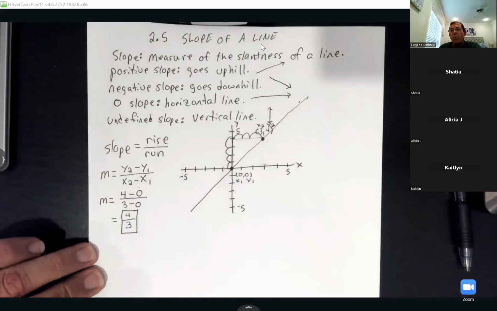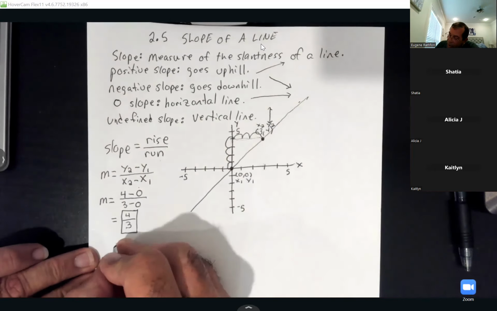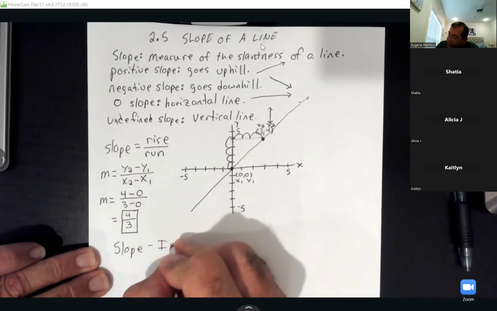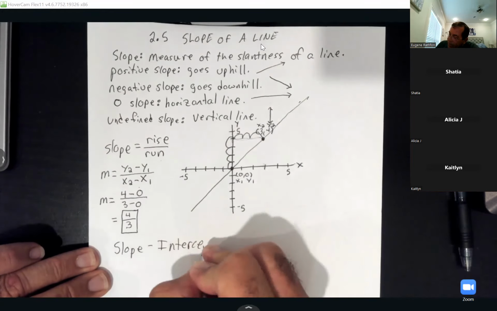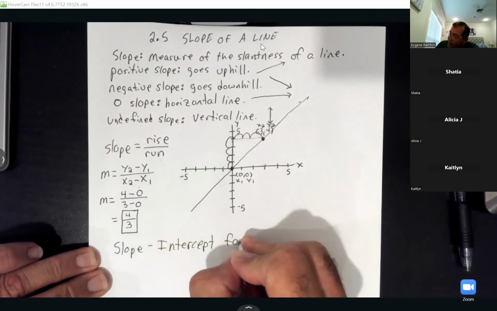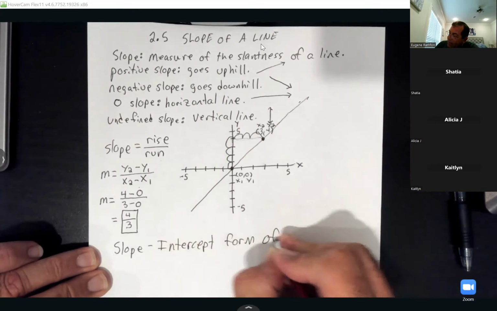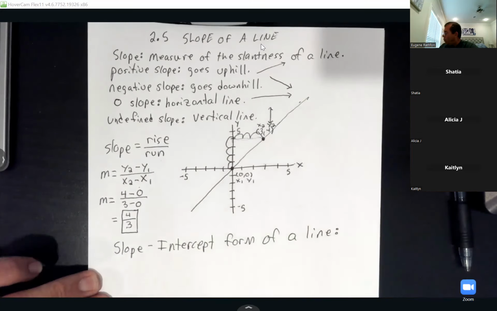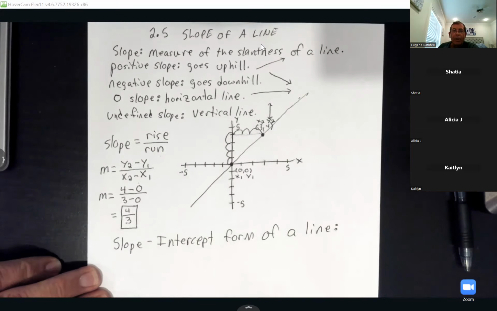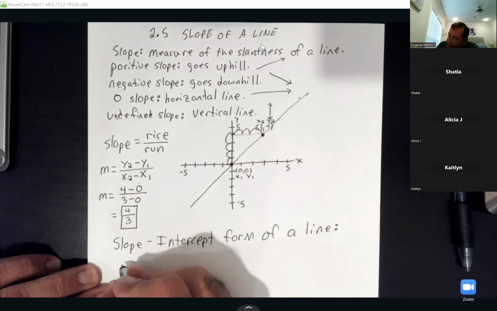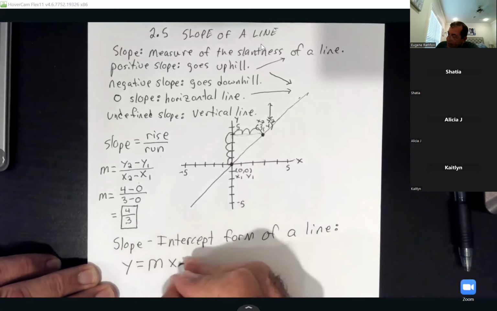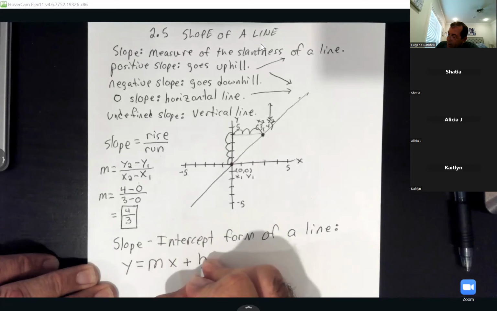Now, the second way we'll find slope is what we call the slope intercept form of a line. All right, y'all. So the slope intercept form of a line comes in this form: y equals mx plus b.